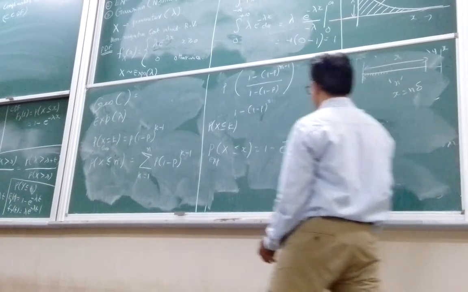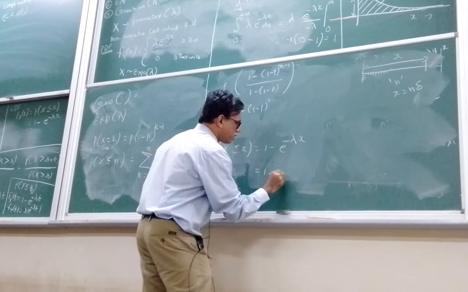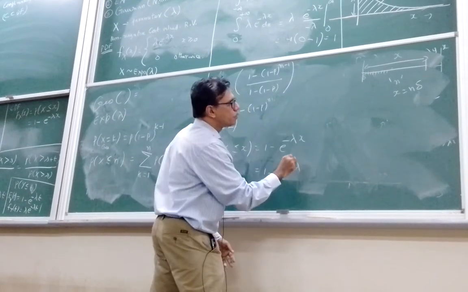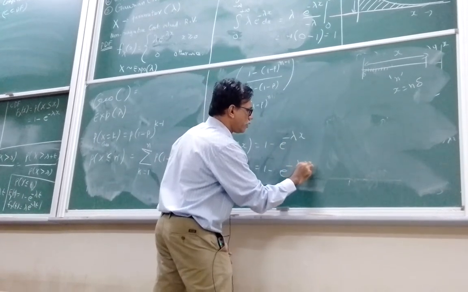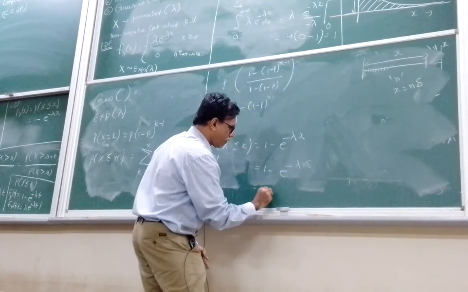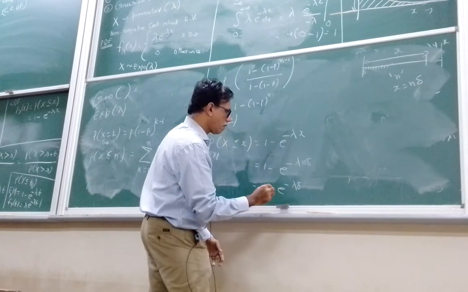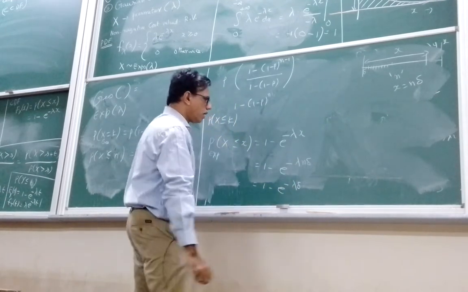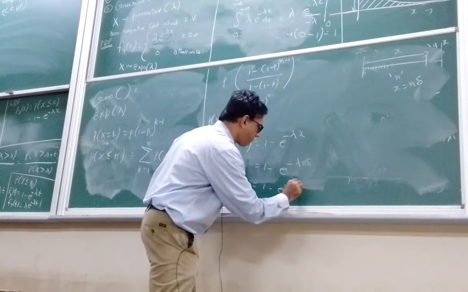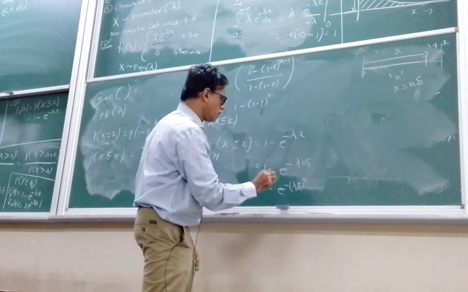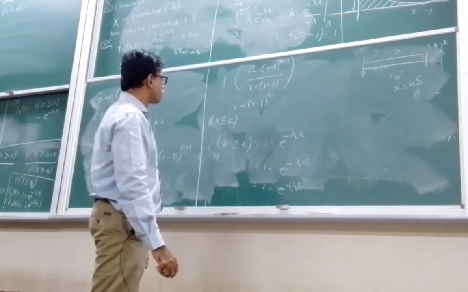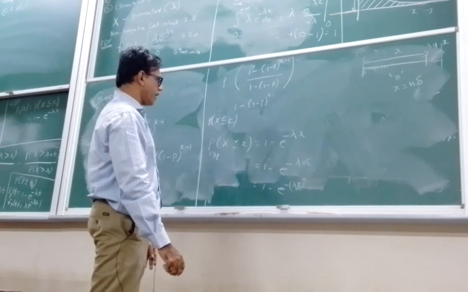So I can write it as 1 minus e power of minus lambda into n into delta, which is 1 minus (e power minus lambda delta) power n. So this is how I can write it.